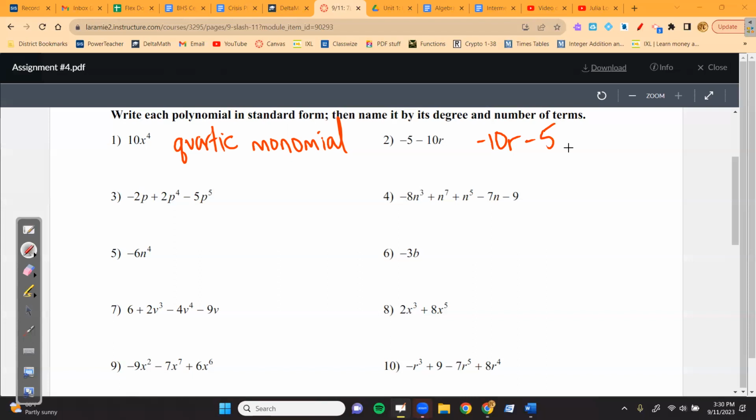What would this one be classified as? A linear binomial. Well played. All right, let's head down to number 3. Shreya, what would be the first term for my standard form?